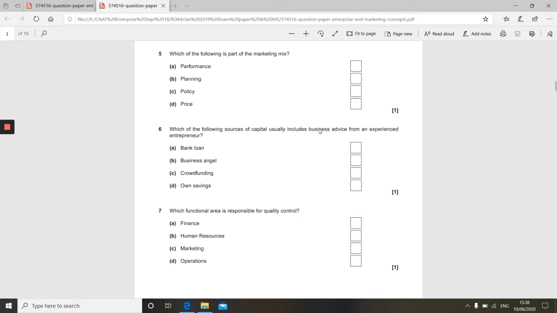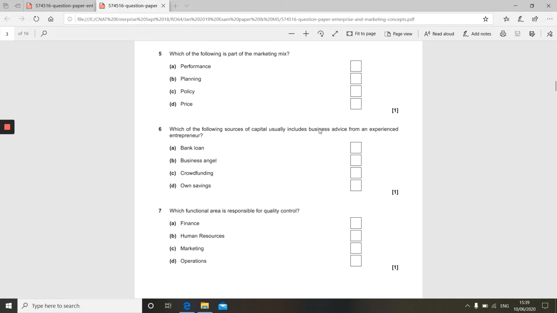Okay. Number 6, which of the following sources of capital usually includes business advice from an experienced entrepreneur? Sources of capital, in other words sources of finance, where you as a business would get your money from. Which one of those would mean where you get your advice from?